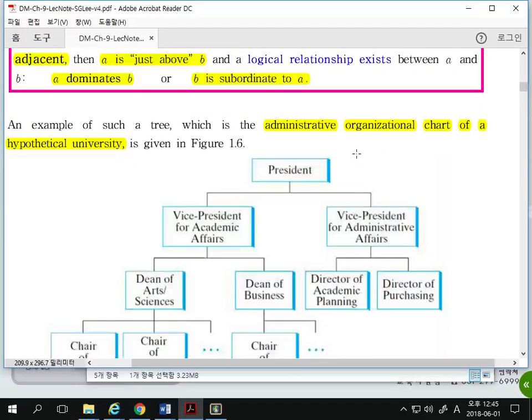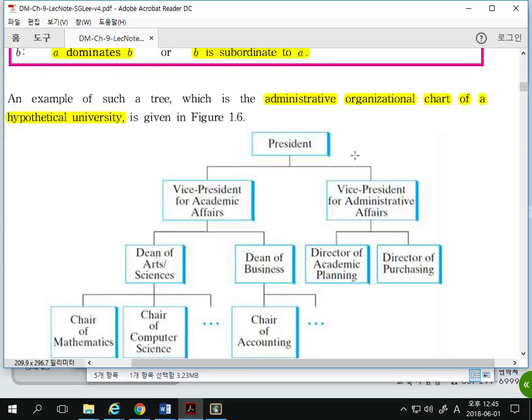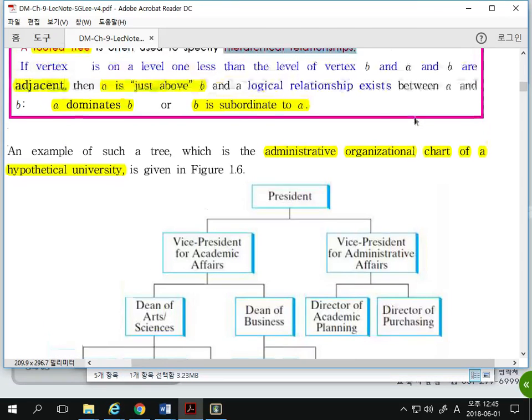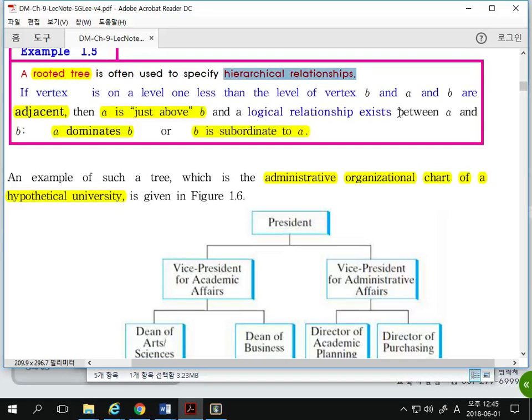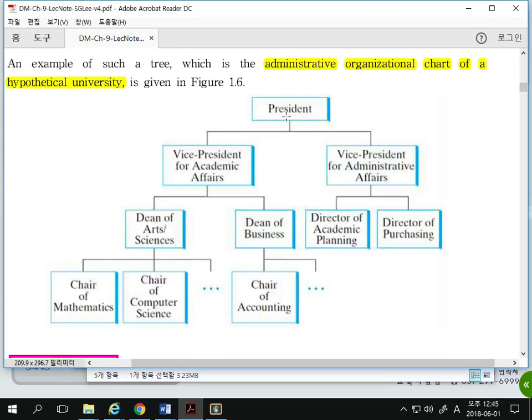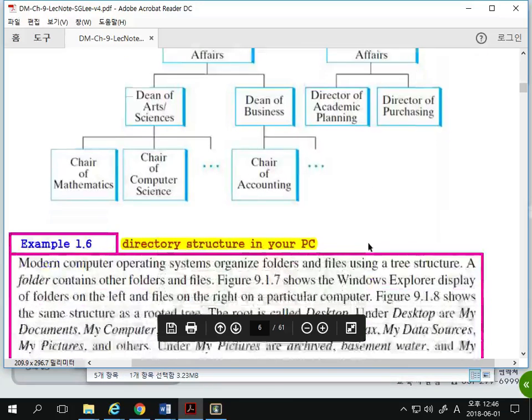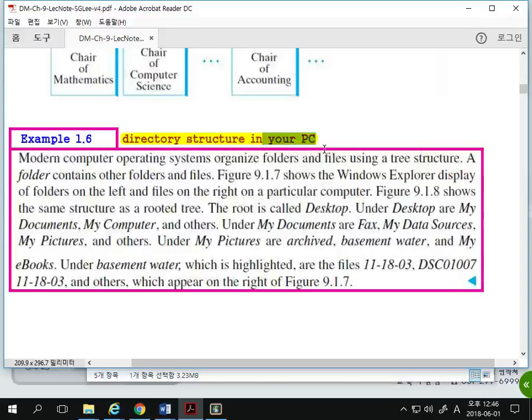In a university, the administration organization chart shows hierarchical relationships like president, vice presidents, deans, and chairmen of departments, etc. This is a hierarchical graph, so it's an example of a tree also. And also in your PC, you have the directory structures.